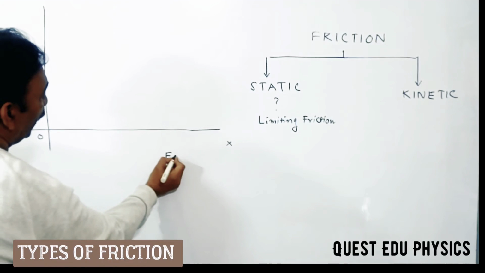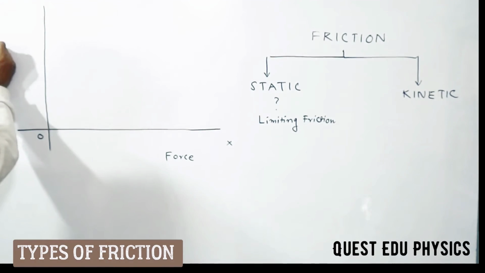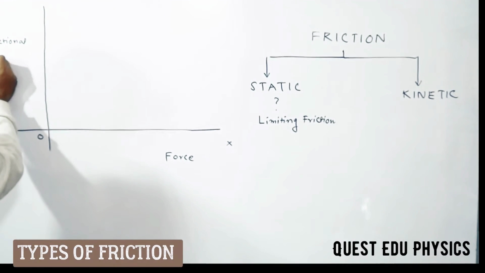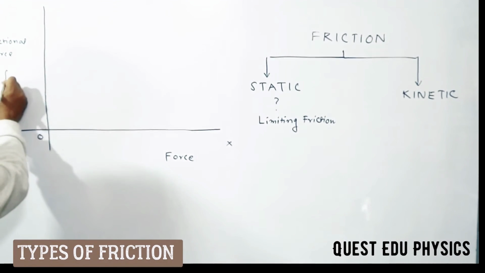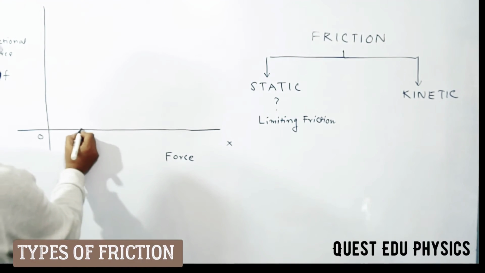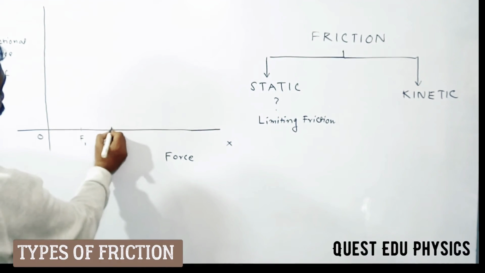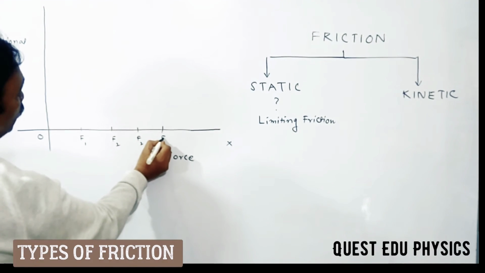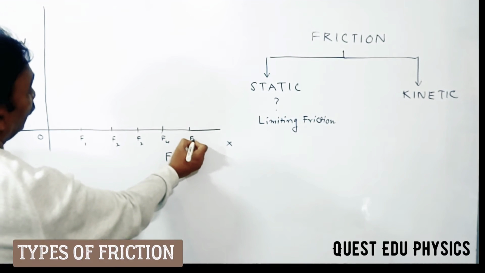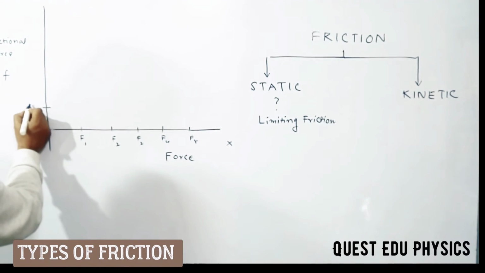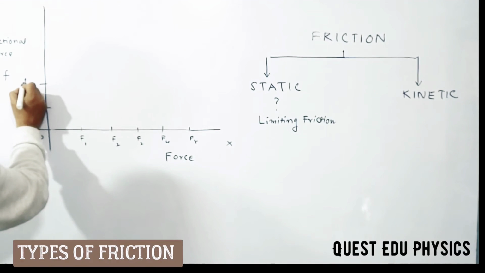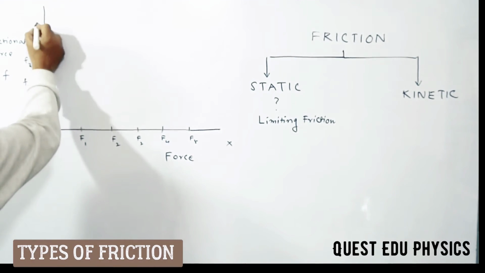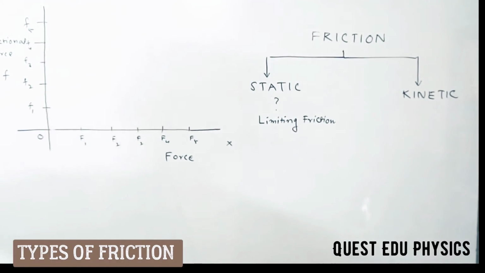I am taking applied force on the x-axis and frictional force on the y-axis. I said it is the self-adjusting force. I am taking some points, that means different magnitudes: F1, F2, F3, F4, and F5.